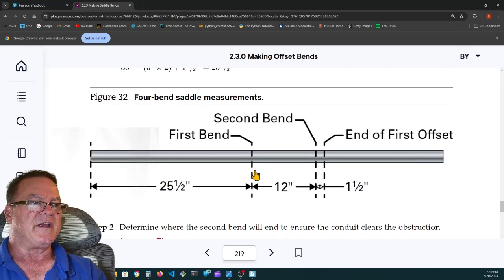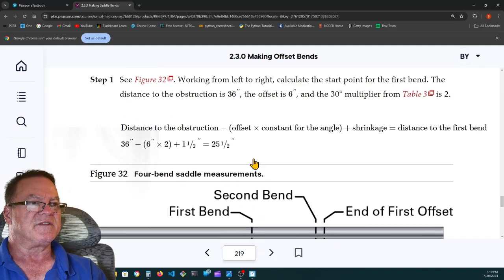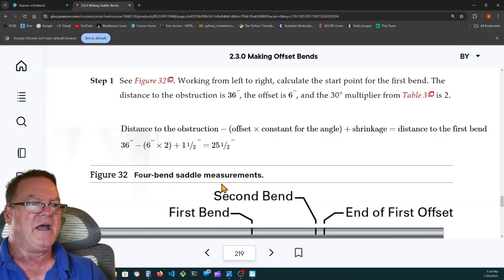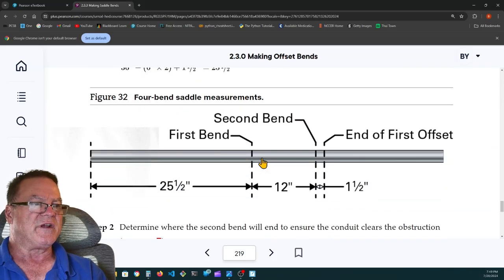So they're saying 36 inches minus 12 inches, because that's 6 times 2, and then plus 1.5 inches shrink. That gave them 25.5 inches to the first mark. And then you go 12 inches to the second mark, and that's the end of the first offset.